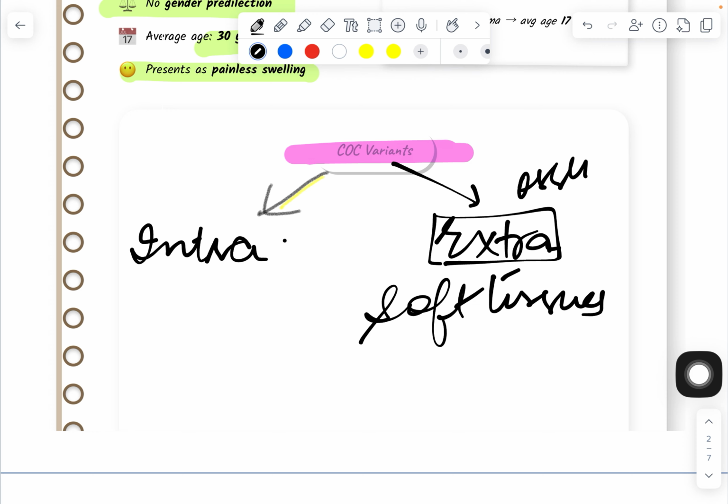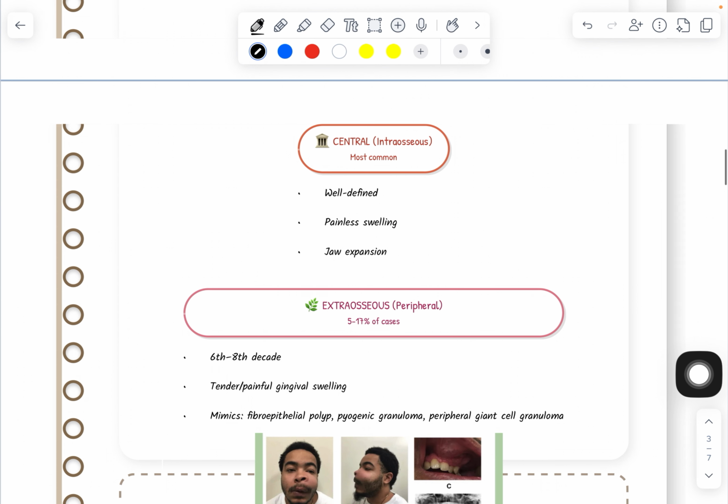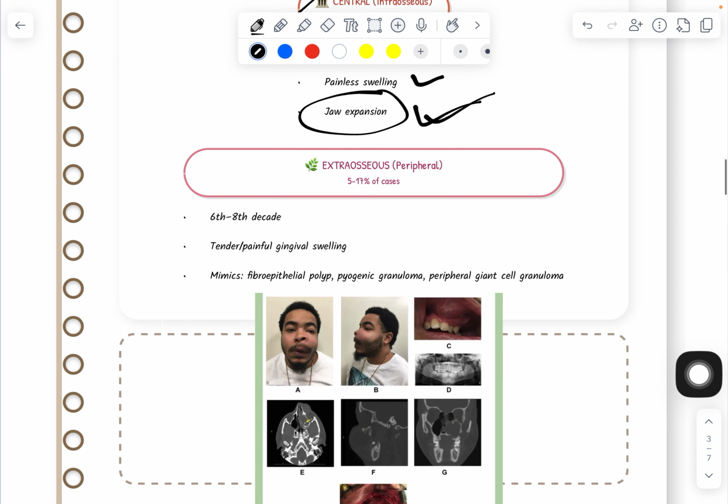Extraosseous means out of the bone, so it will be in soft tissues. Intraosseous means inside the bone. So intraosseous is most common, a well-defined, painless swelling, and jaw expansion is present. Extraosseous has no bone involvement; there is gingival enlargement, a painful gingival swelling.